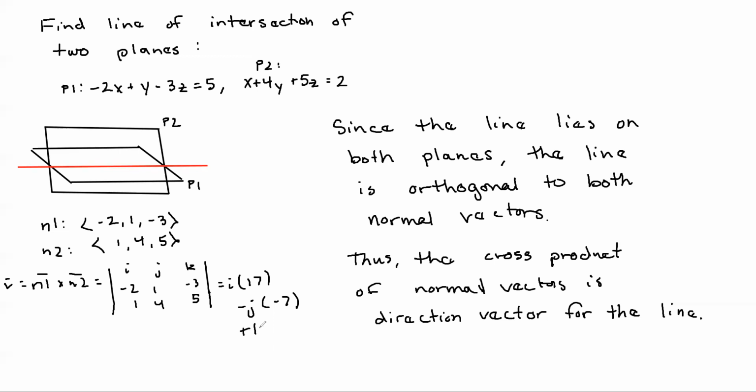And then k times -8 minus 1. And so from that we're going to end up getting 17i plus 7j minus 9k.